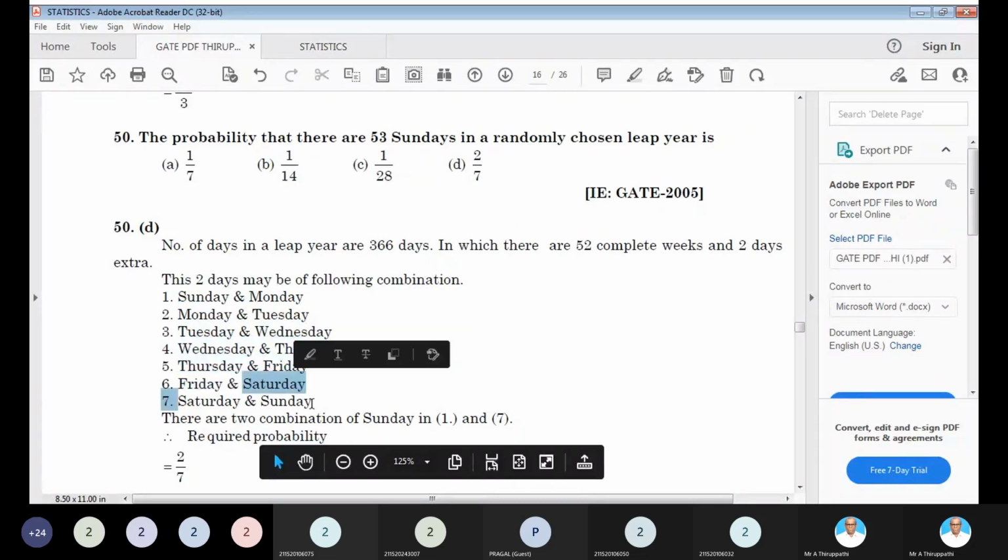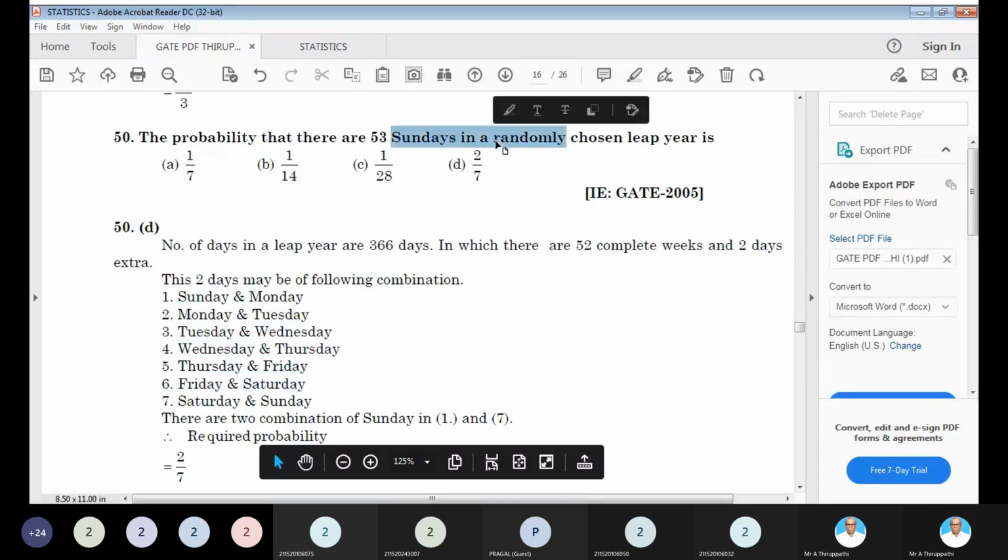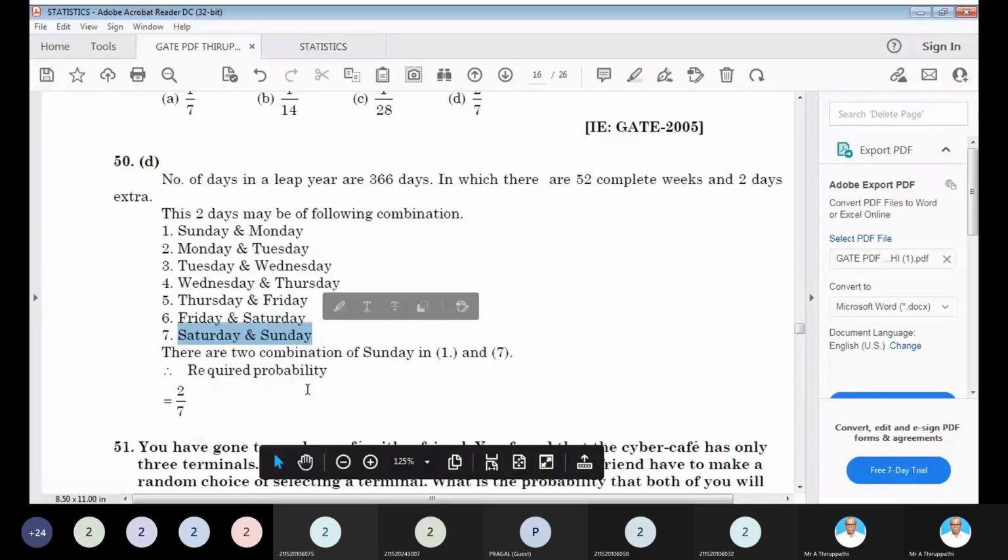Now, what is the question? 53 Sundays. How many Sundays here? First Sunday-Monday, and next Saturday-Sunday. So 2 possibilities out of 7. There are 2 combinations containing Sunday out of 7, so the required probability is 2 by 7.